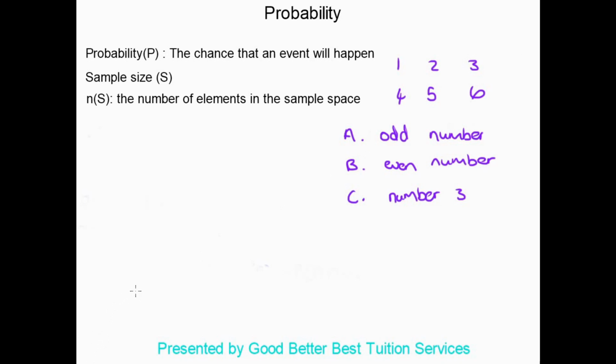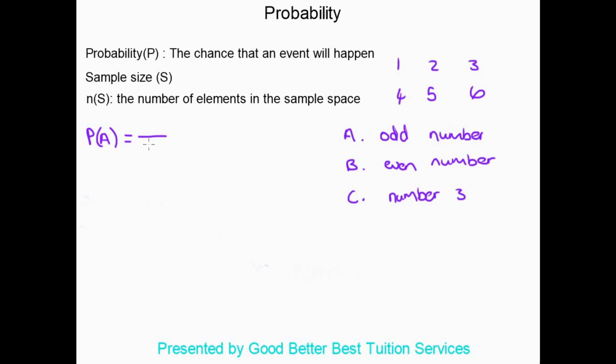If we look at the probability of each of these events happening, it's represented as the probability of whichever event you're seeing. Let's say they ask us to work out the probability of rolling an odd number. So we'll say probability of event A is equal to a fraction.